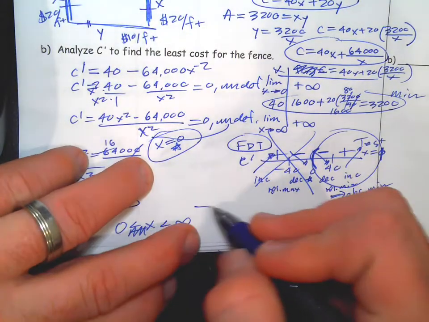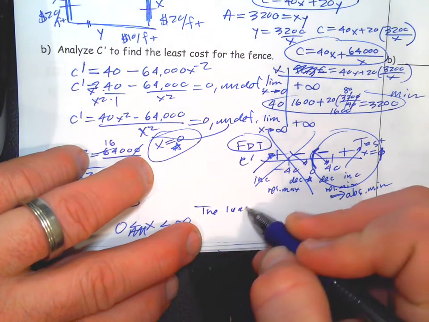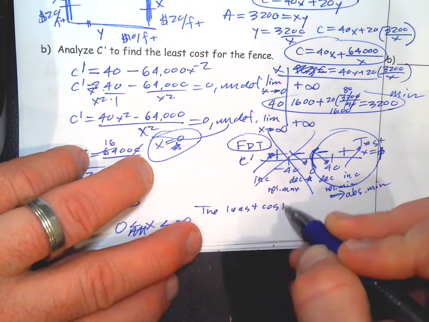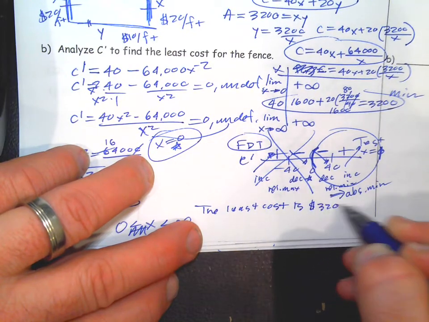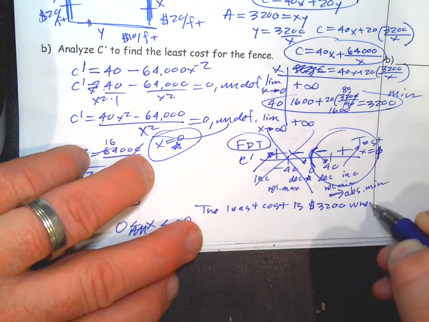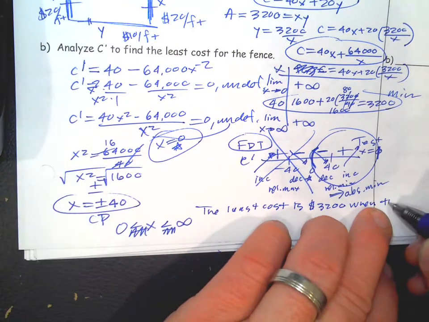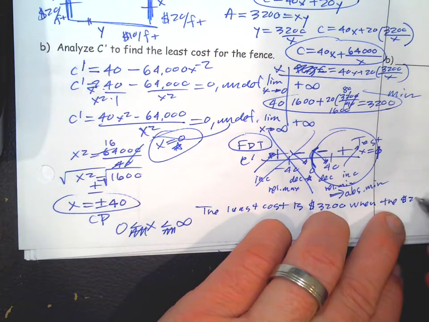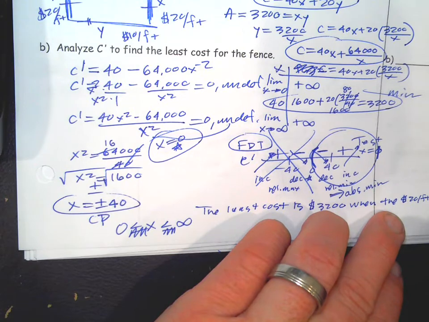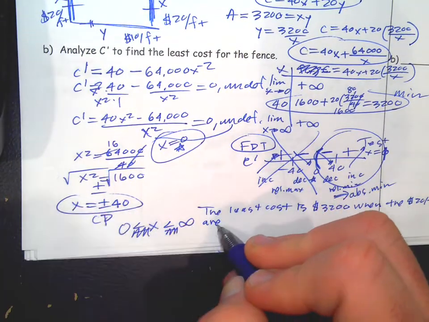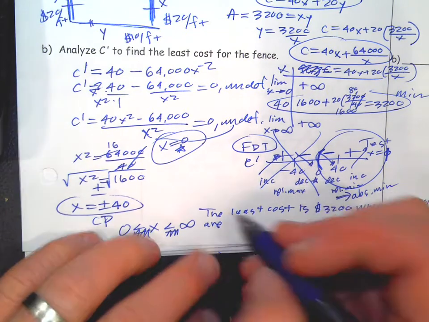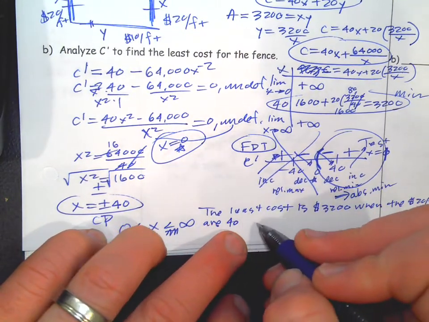And we could say the least cost is $3,200 when the $20 per foot sides are, that's what x was from here, right, 40 feet.